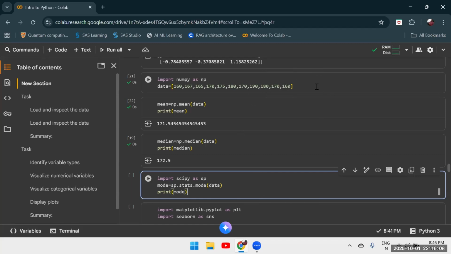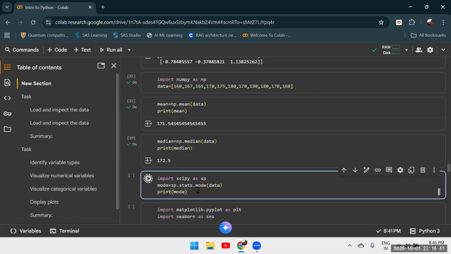So what do you think will be the mode of this data, Raghav, Sashi? What will be the mode of this data? Checking, sir. 170, sir. Okay, Raghav, I hope you also agree with Sashi.